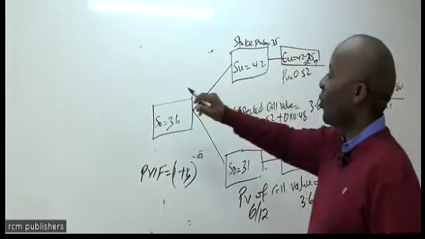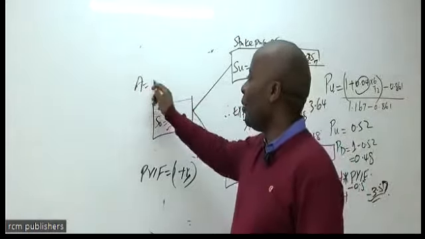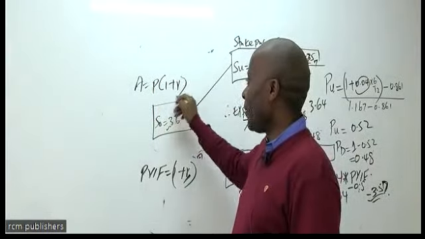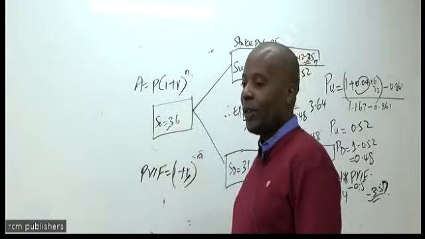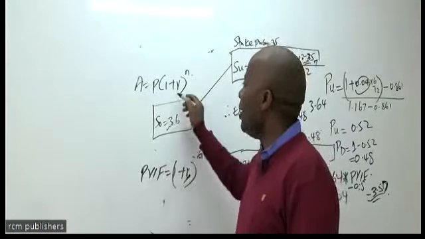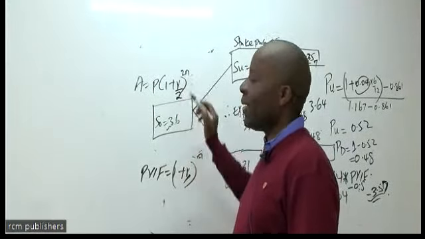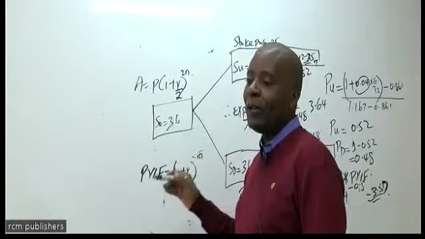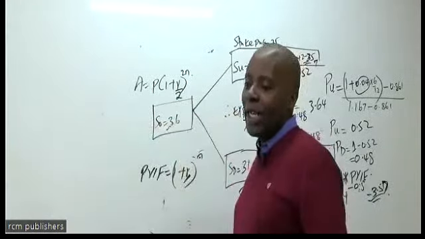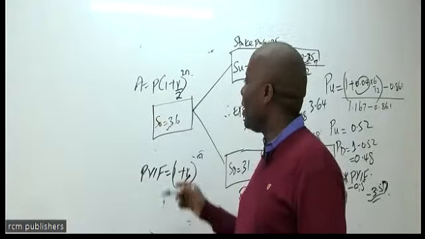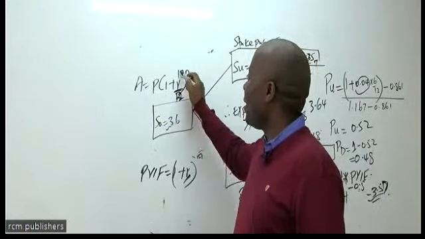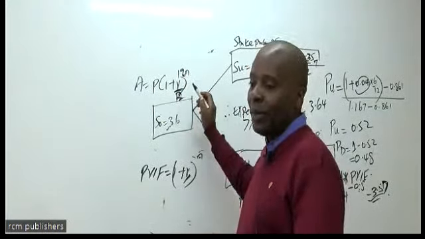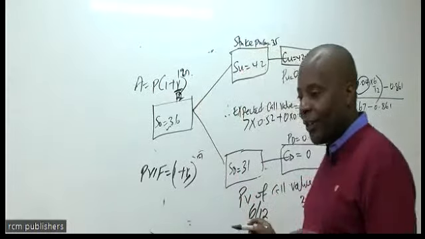Like what you did in high school, we said the amount equals principal into 1 plus r raised to n. If told it is semi-annual, divide this by 2, increase this by 2. Because you want to get the number of semi-annual periods in a year. If it is monthly, divide this by 12, multiply this by 12 to get the exact number of months. But you see, we don't want to go that way.